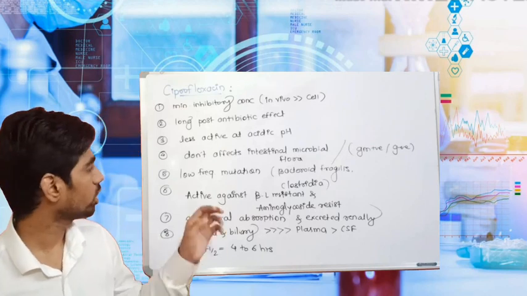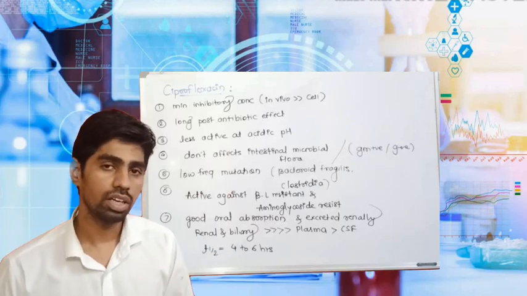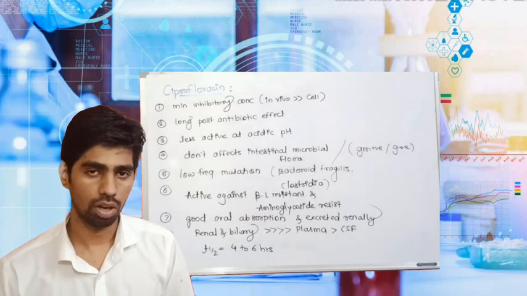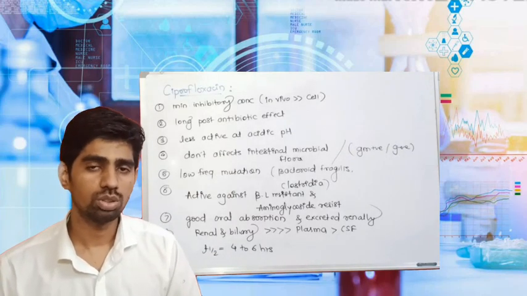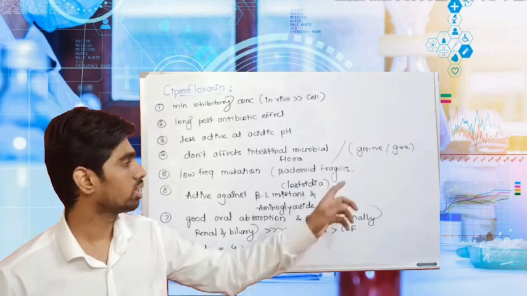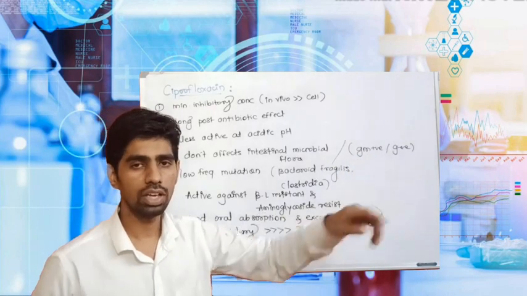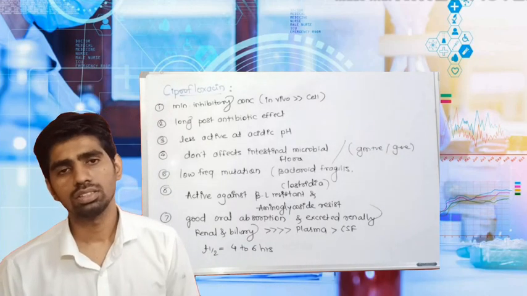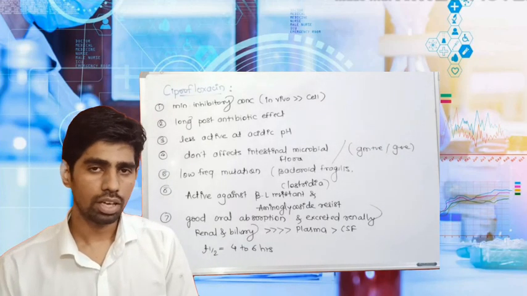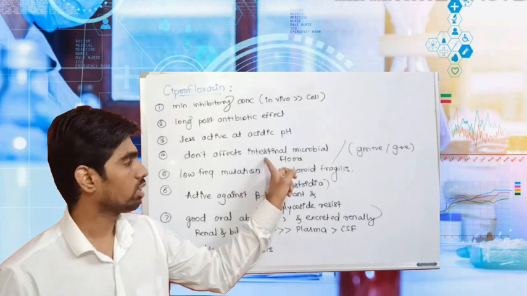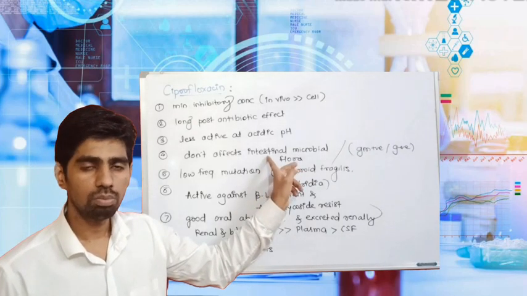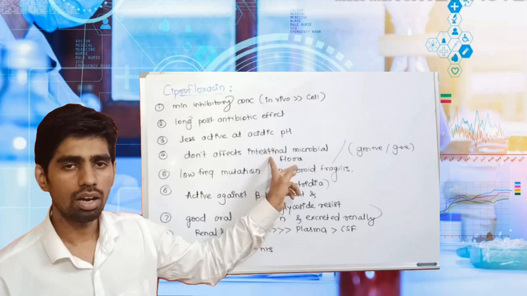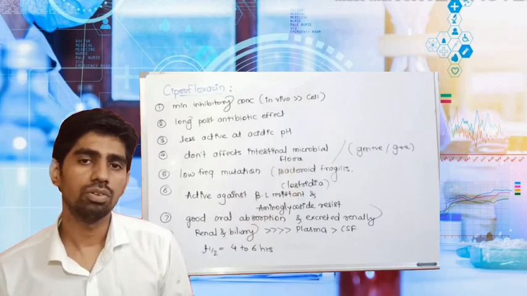Now the fourth point is it does not affect the intestinal microbial flora. However, it shows a broad spectrum of activity against gram-positive and gram-negative bacteria. There is one class of diarrhea known as drug-induced diarrhea, and that occurs when the intestinal microbial flora is affected by the given antibiotic.